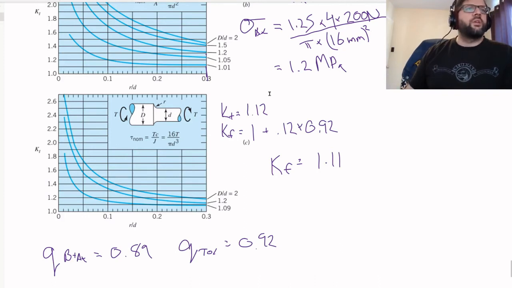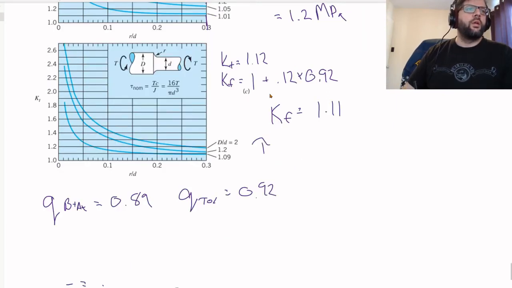So as for our nominal, let's say our shear stress due to the torque is equal to 1.11 times 16 times the torque.